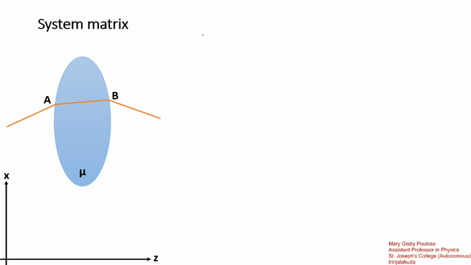In Gauss constants, the system matrix can be written as B, minus A, minus D, C. This implies A is equal to P1 plus P2 minus P1 P2 D by mu.